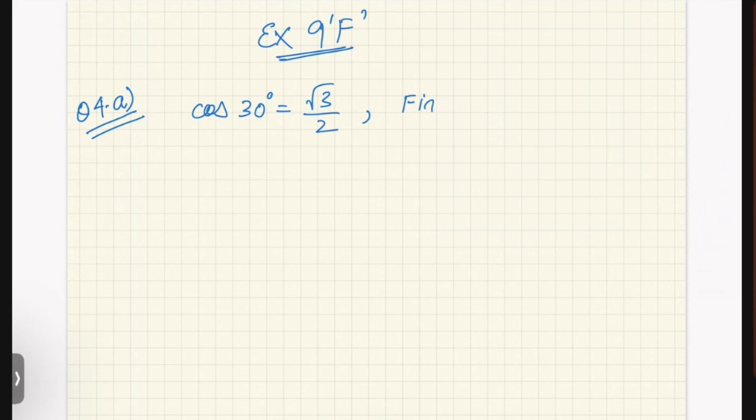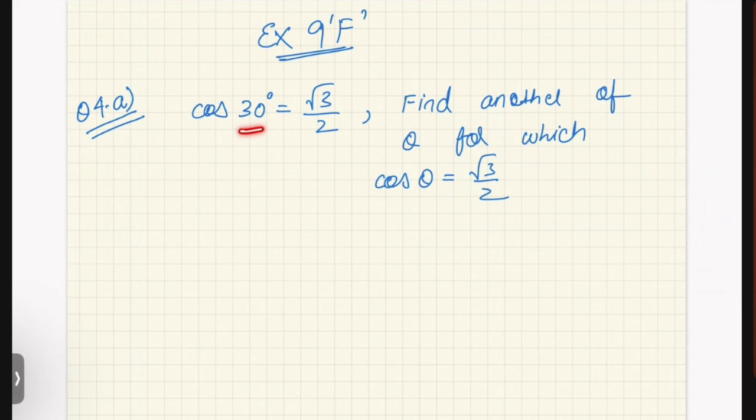Find another value of theta for which cos theta is equal to the same value. So 30 degrees gives you root 3 by 2, correct, but they need another value of theta which gives you the same value of y, which is root 3 by 2.